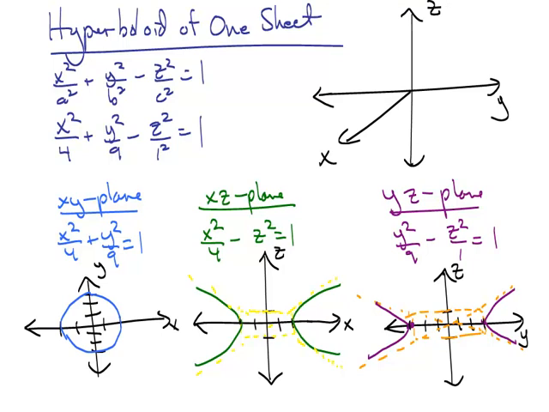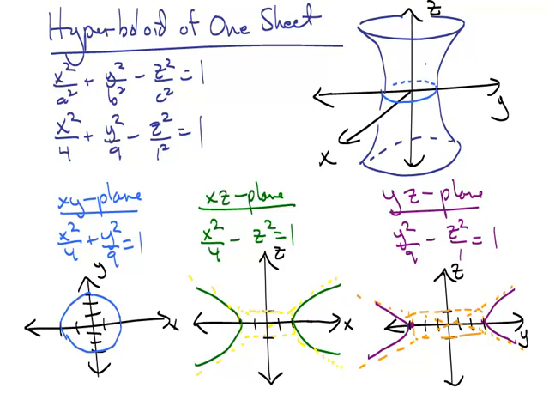It's going to open up on the z-axis because the z is the negative. And it's going to just basically be something like this. I'll try and draw these cross sections in. If I cut it on the xy plane, there's my ellipse that I drew before.